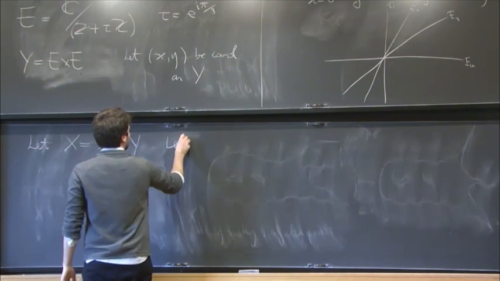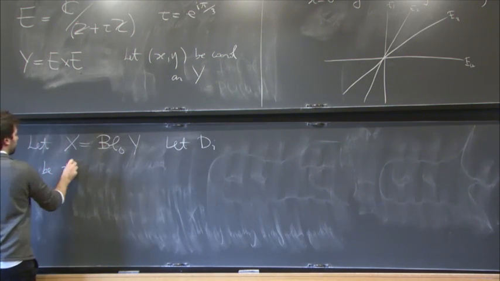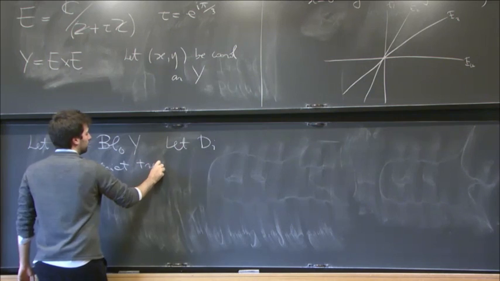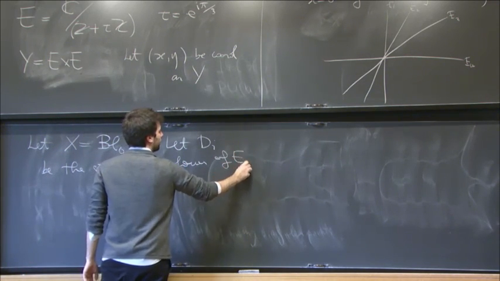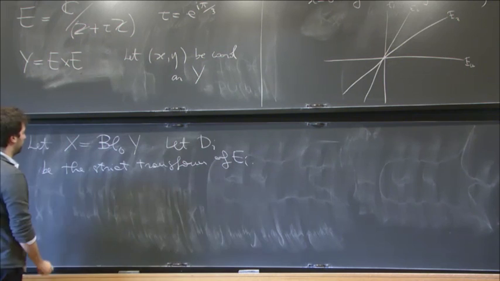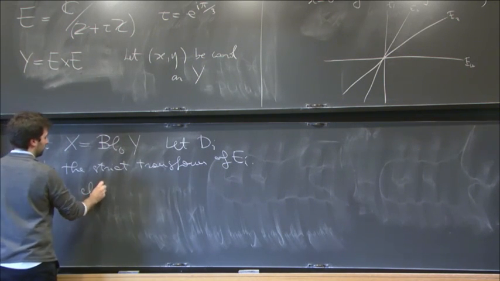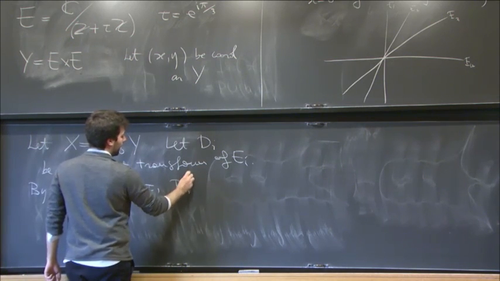So let Di be the strict transform of Ei. By the choice of tau, these Di are disjoint.